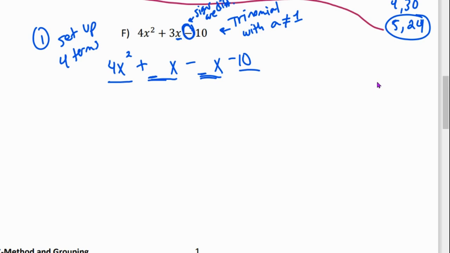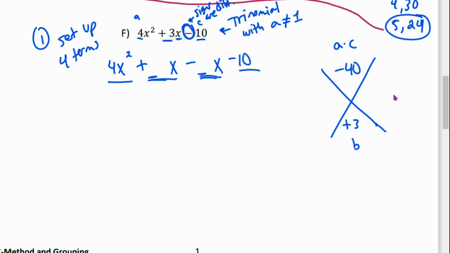All right, so moving on to the numbers. Take your a value, which is 4, and your c value, which is negative 10, and multiply them together. So that equals negative 40. That's going to go at the top of your x. Your b value, the positive 3, goes at the bottom of your x.